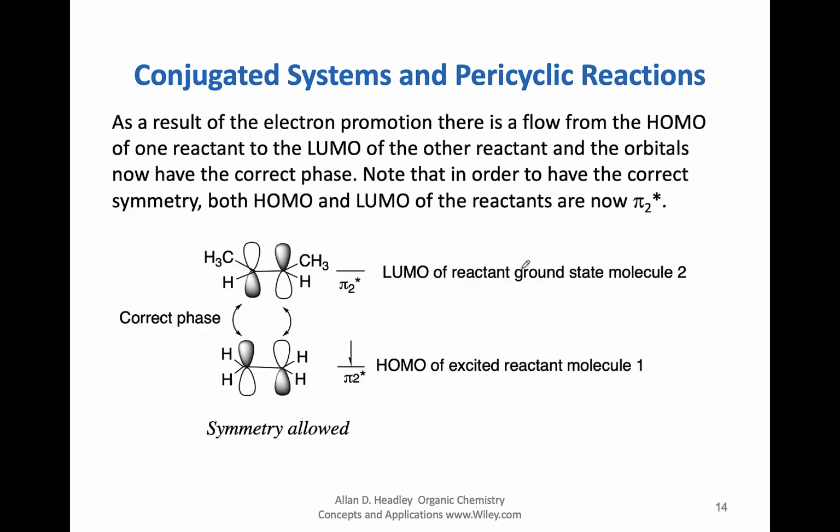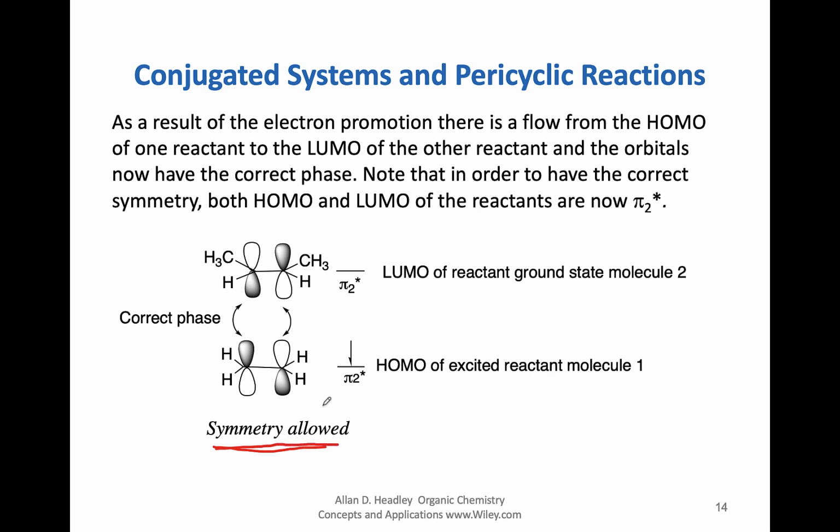So the next slide shows the HOMO of one molecule and the LUMO of another molecule, now with the correct phase. There's a correct phase, and this is symmetry allowed. So the electrons will flow from the HOMO of one molecule to the LUMO of the other one, and we have symmetry allowed for that reaction to occur.